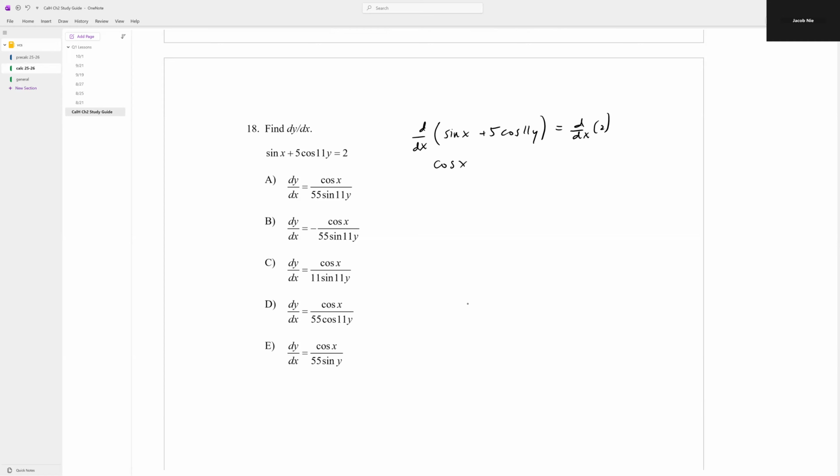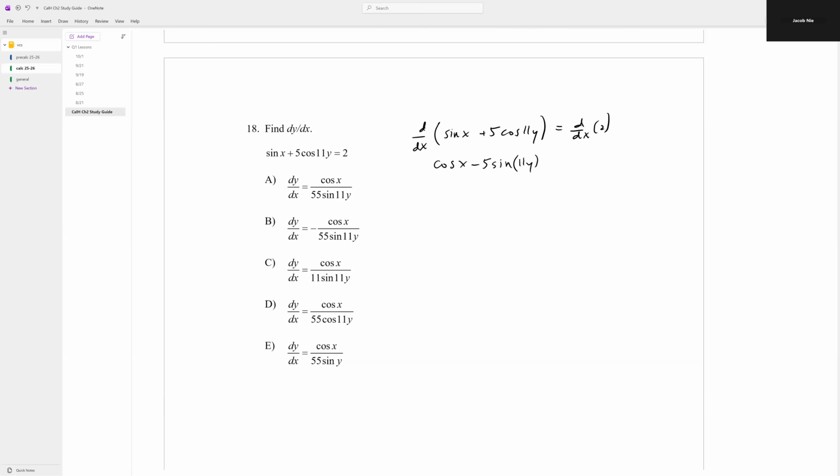And then for the derivative of 5 cosine 11y, I'm going to have to use chain rule multiple times here. So the derivative of cosine, that's the first outside function, that's going to be negative sine. So I'm going to write negative 5 sine 11y.